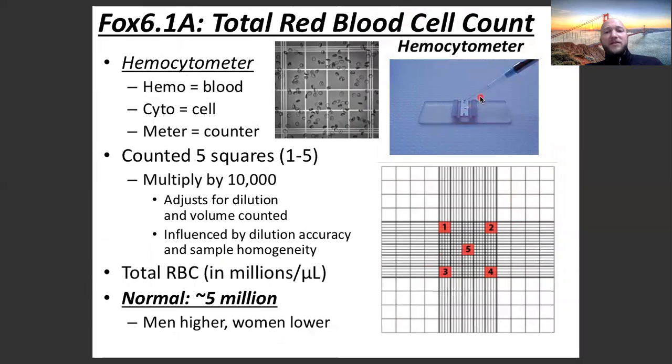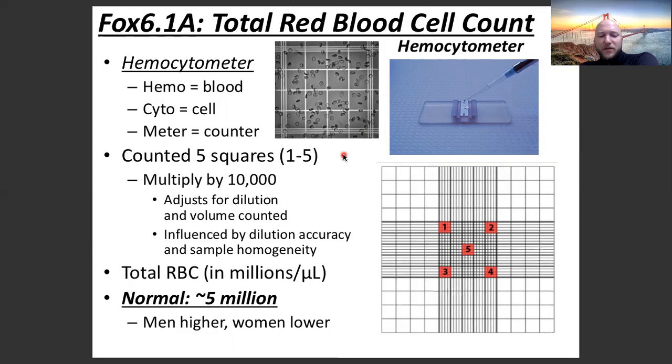So we used this hemocytometer blood cell counter to figure out how many red blood cells were in a unit of our blood. Well, what did we do? We took a short capillary tube, we filled it up completely with blood, no air, because we need to know exactly how much blood was in there, so that we could do some math, we could do some dilution factors.